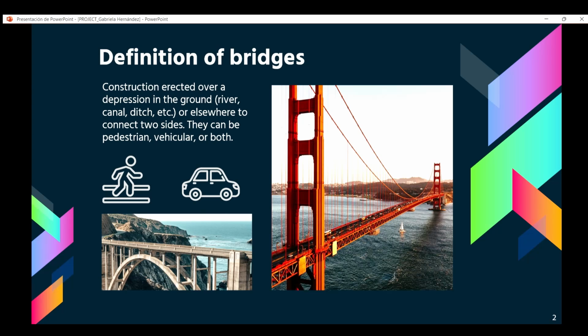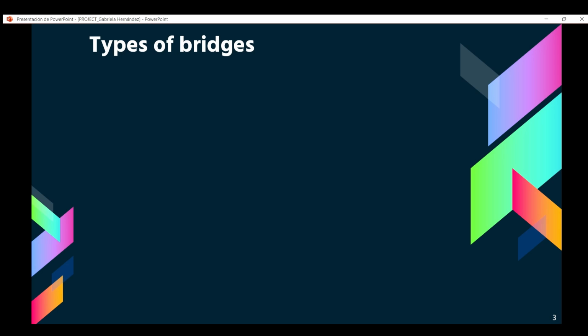In addition, bridges can be pedestrian, vehicular, or both. Already having clear what a bridge is, now we will see some types that exist below.